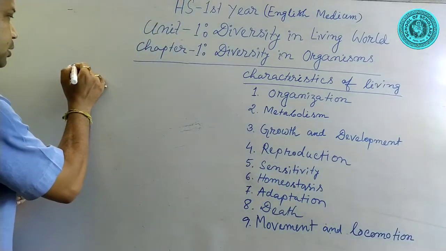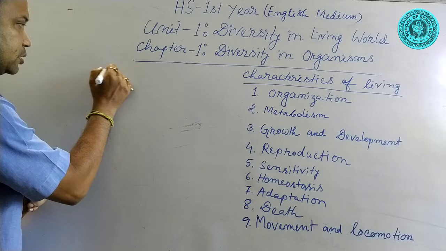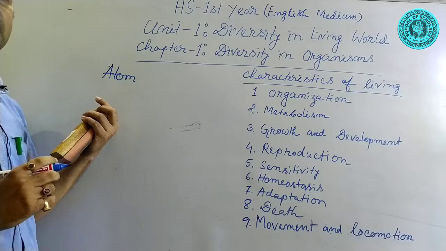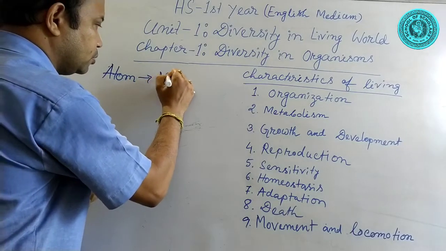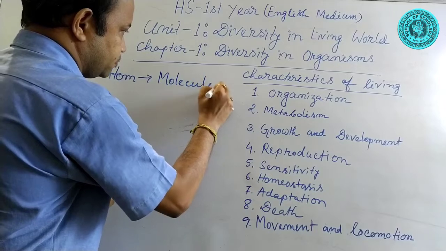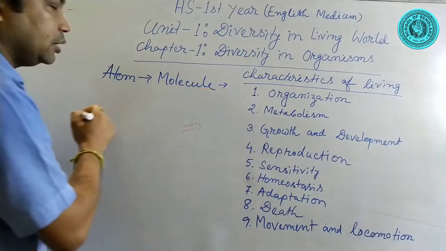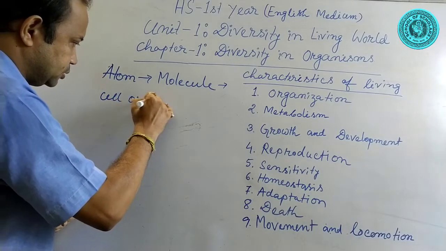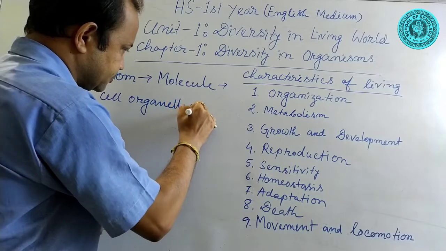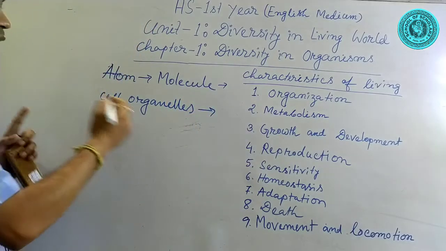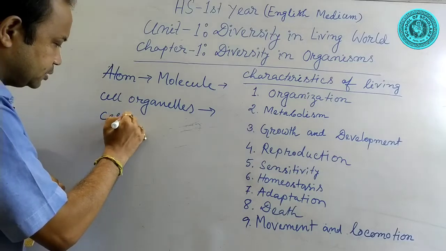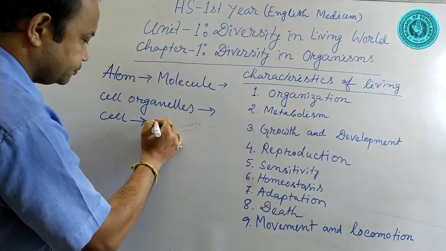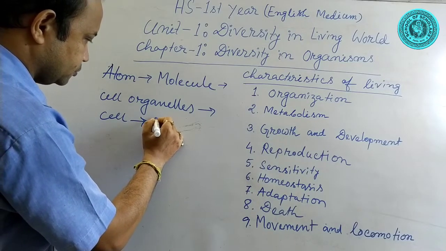First, the first level of organization in all living beings is the atom. These atoms are aggregated to form molecules. Then these molecules are aggregated to form cell organelles. These cell organelles aggregate to form a cell. Different kinds of cells are aggregated to form tissue.